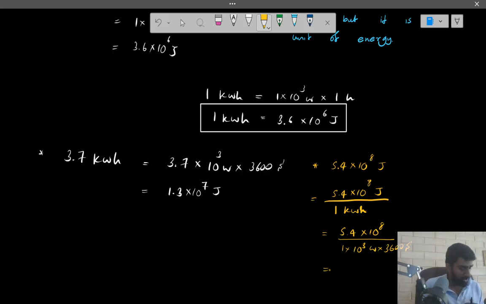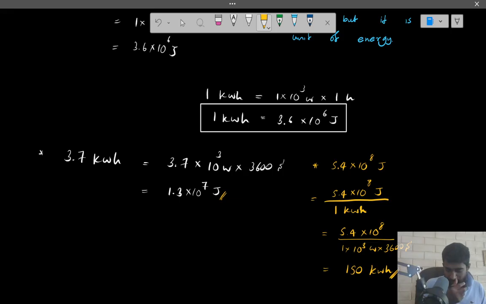Let me simplify and put it over there, right? It is 5.4 times 10 to the power 8 over 1 times 10 to the power 3 times 3600. So when you simplify this one, you get it is 150 kilowatt hours, right?